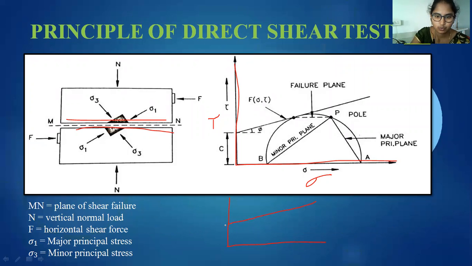This value is the cohesion value C. We draw from the first point, sigma 1, the second point, sigma 2, and the third point, sigma 3.